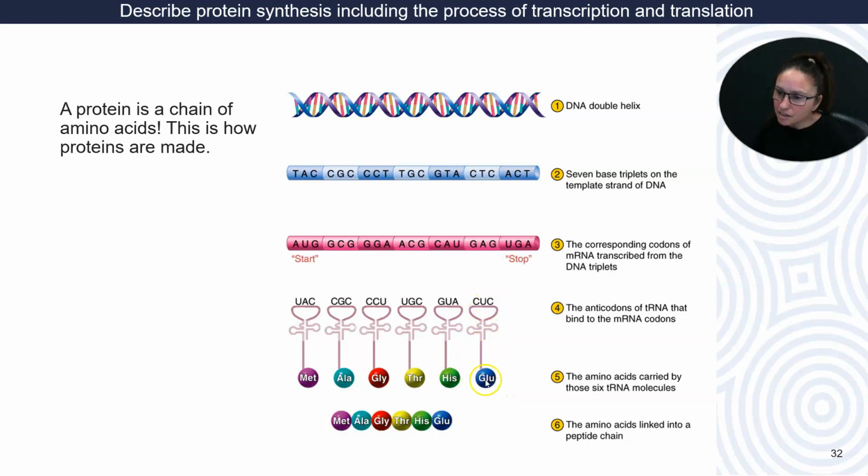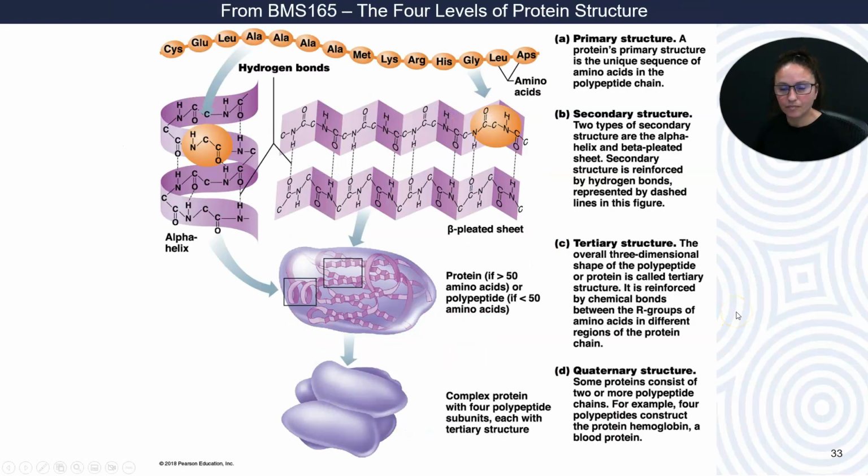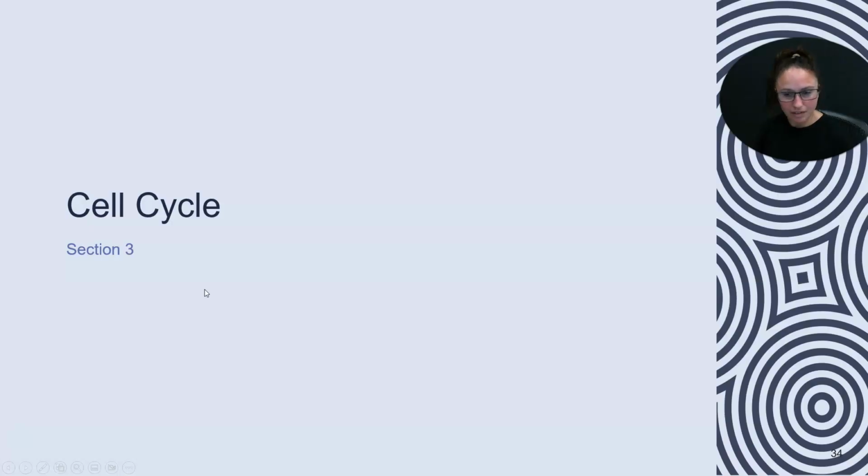CUC carries this amino acid. So they're all different. And remember, when you have a chain of amino acids, they fold and they make a protein. Remember the 4 levels of protein structure? Yay!